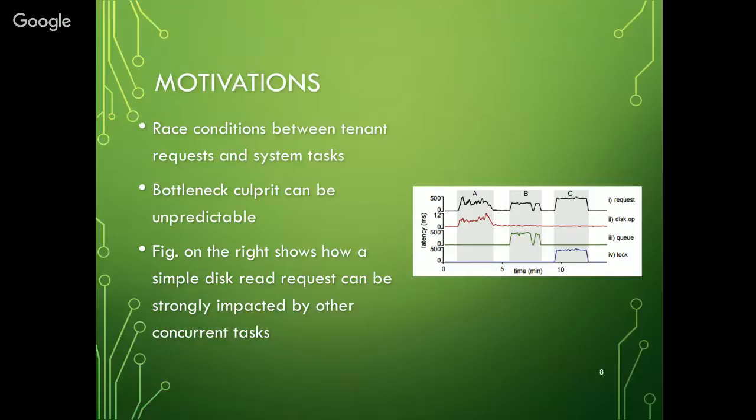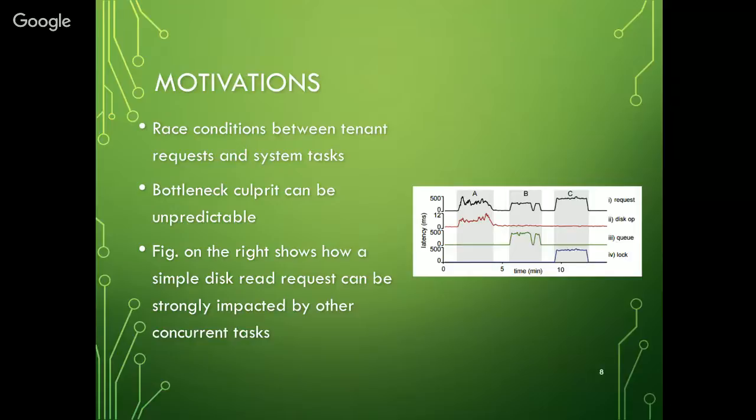of underlying resources. The figure on the right shows how a simple disk read request, which is letter I, as we see on the legend to the right, can actually be strongly impacted by other concurrent tasks. We can see in the figure that letter I is the client request to read the disk, which we just explained.